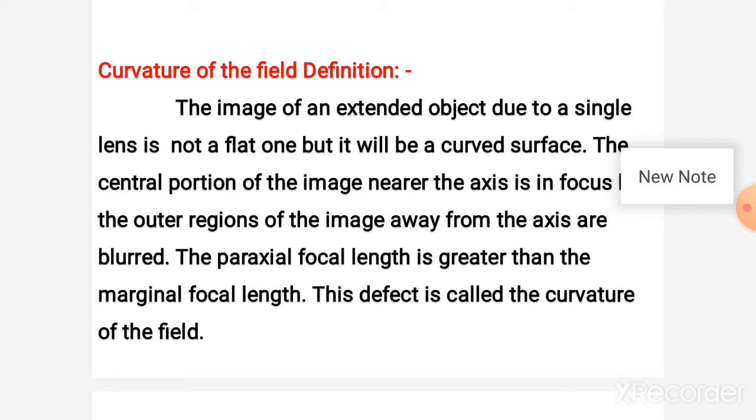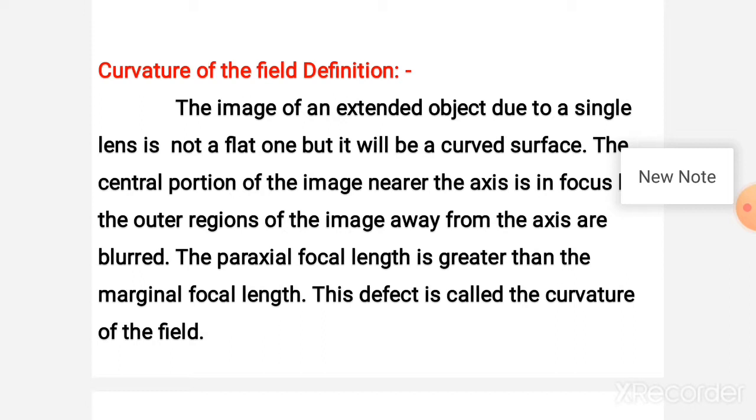Curvature means the image of an extended object due to a single lens is not flat, but a curved surface. That is, the object is on a flat surface, but the image formed by the lens is a curved surface.